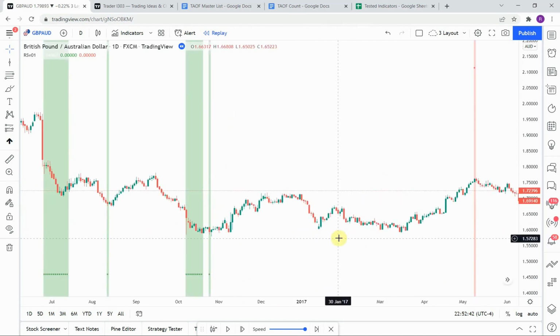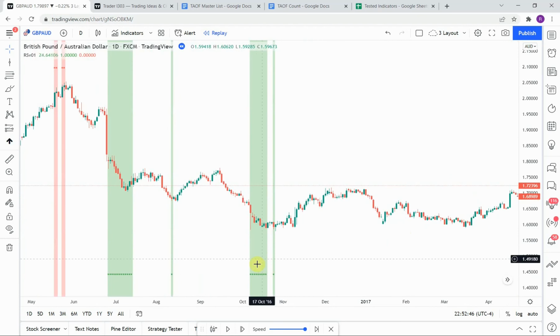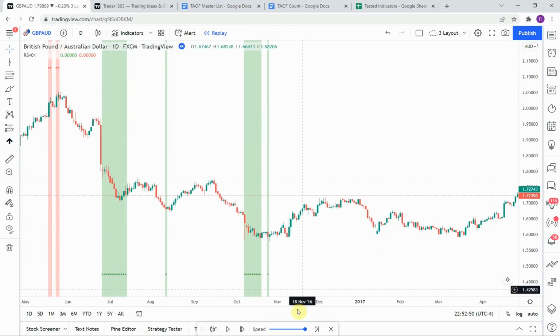So like I said, the setup on this is when we get a green background like this with these green dots, then that means that the price action is down into the oversold area. And then what we will look for is when the green background and green dots disappear, we would then go long.